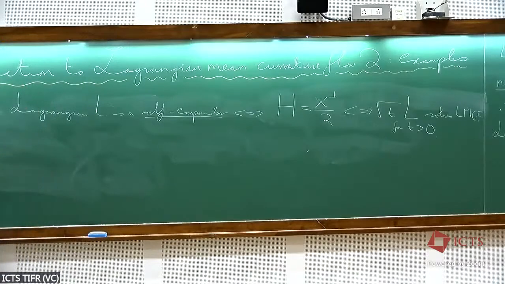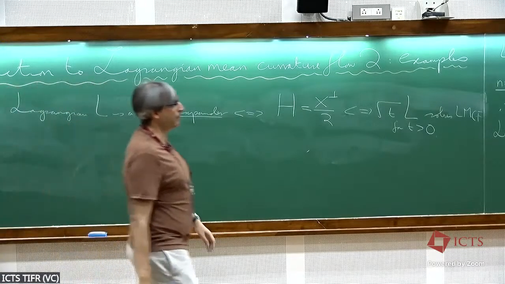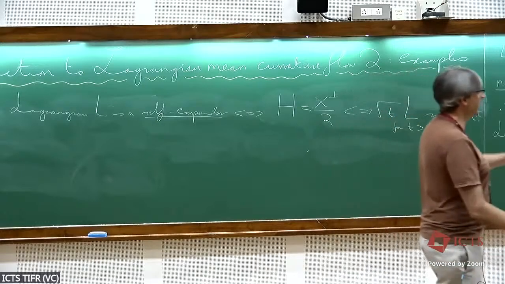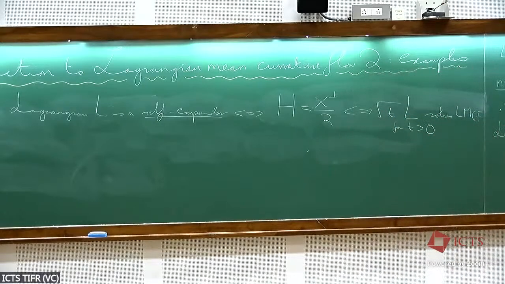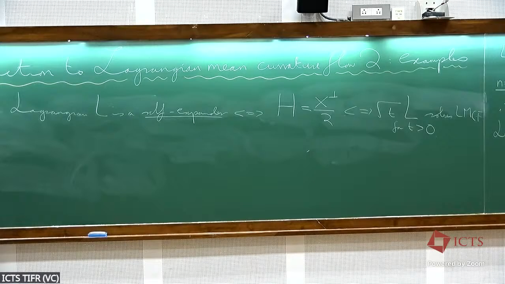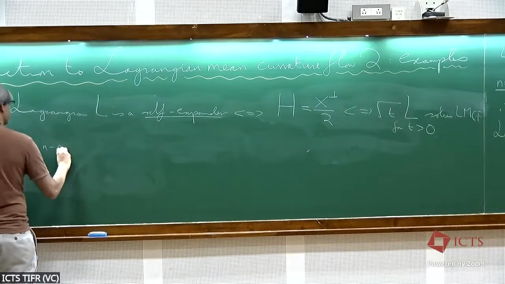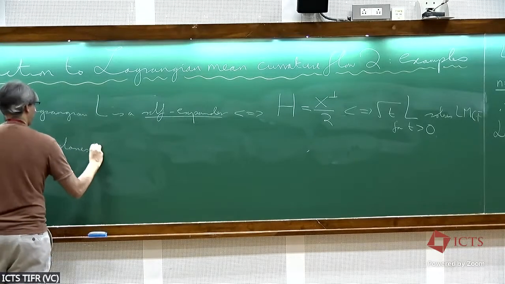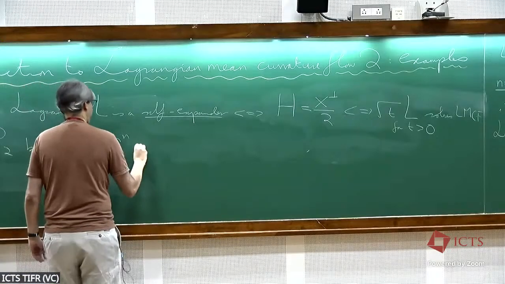Right? Now, luckily, my planes are still on the board. So I've got these planes, P1 and P2. Okay? They're defined by these n angles, theta 1 up to theta n. So let's let P1 and P2 be the n planes in C^n as before.